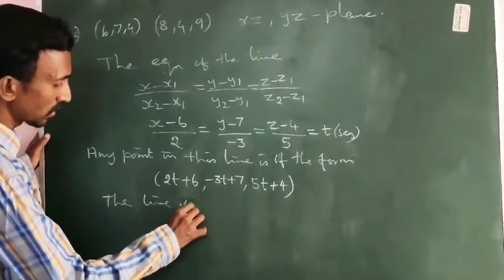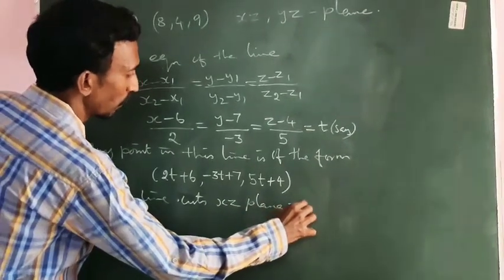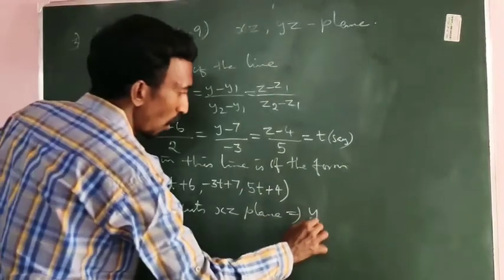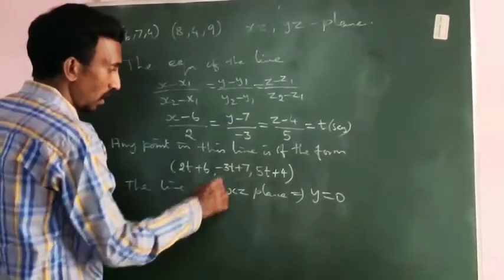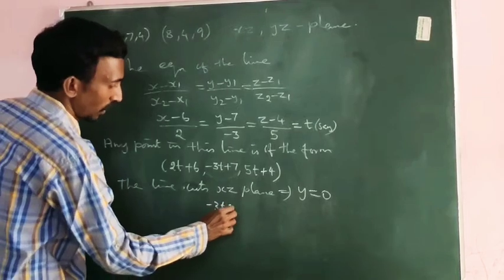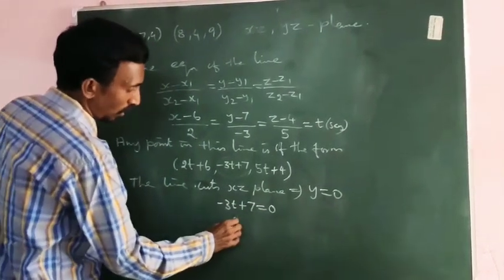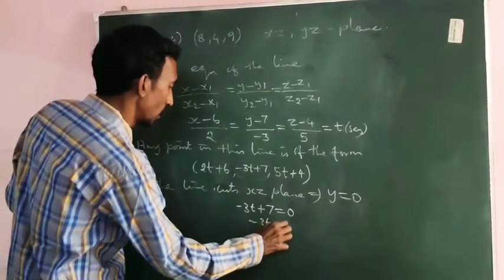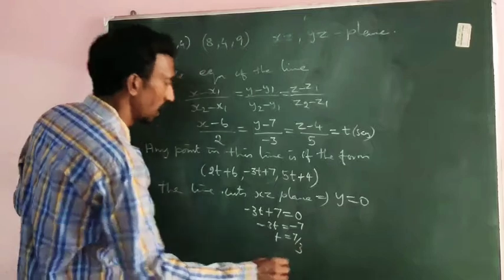Suppose the line meets or cuts the xz plane, which implies y equals 0, since xz means y equals 0. So the y coordinate is 0, that means minus 3t plus 7 equals 0. So minus 3t equals minus 7, t equals 7 by 3.